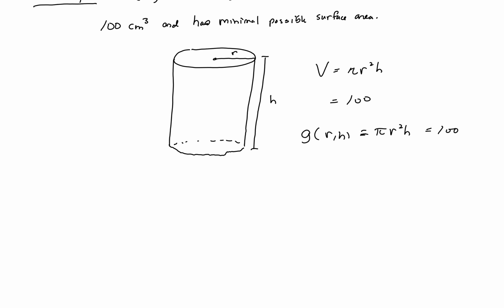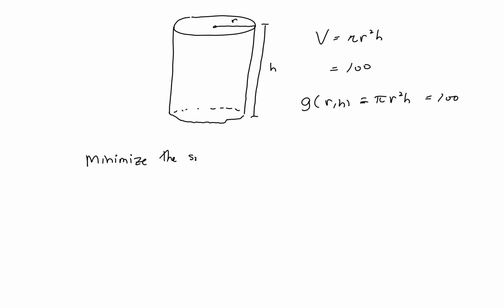Now, the part I'm trying to minimize is the surface area. So the surface area we have, it's a closed cylinder, so we have a top and a bottom, and then we have the side. So if we think of taking this and maybe unspooling it, we know the height here is h.